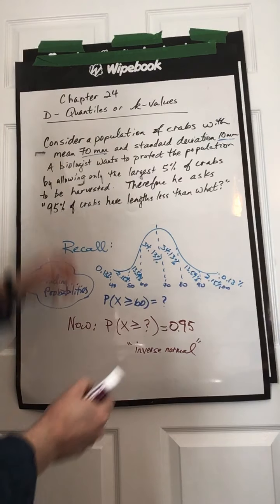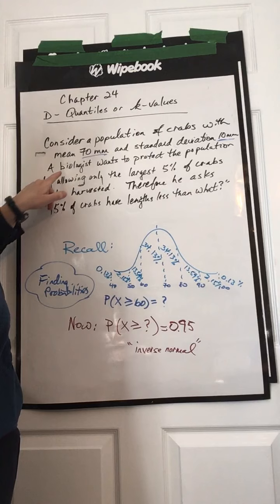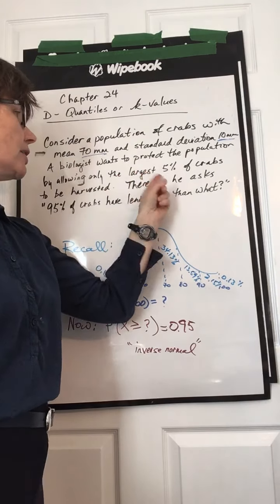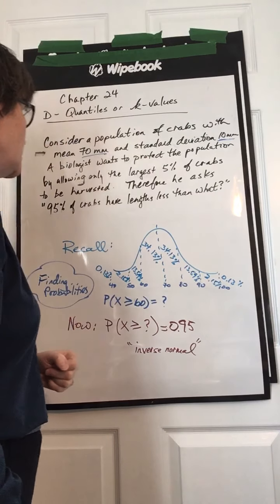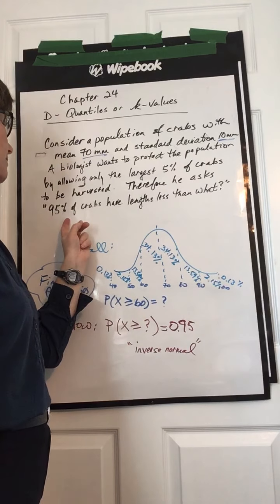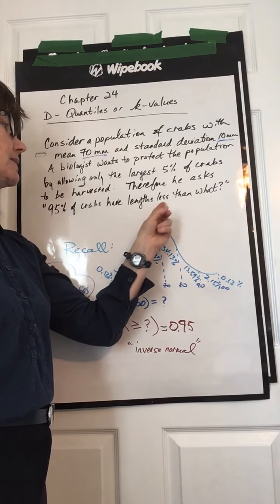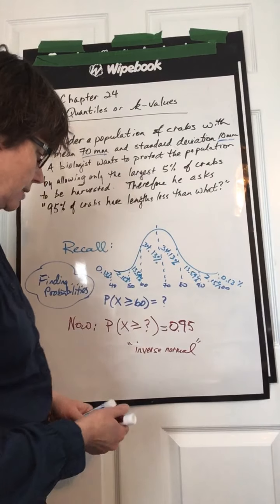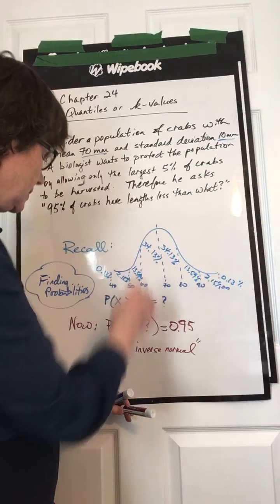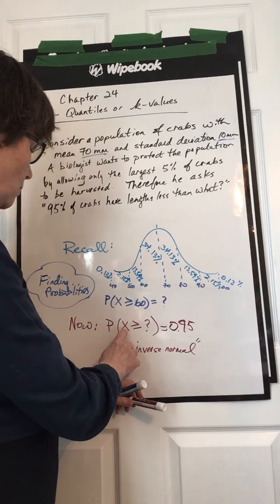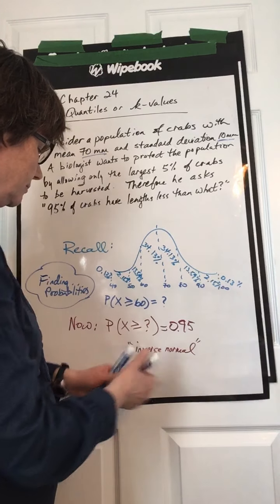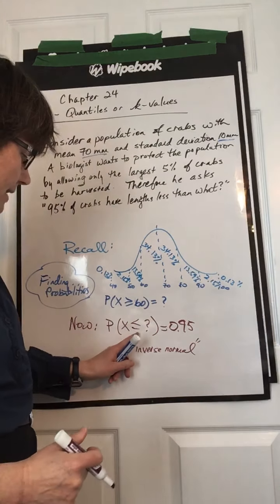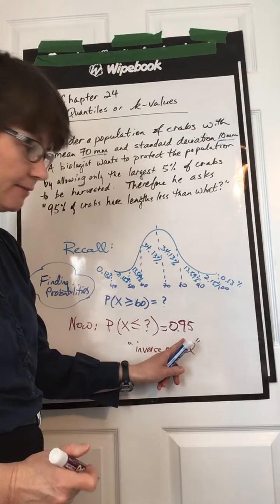For example, the rest of this question says a biologist wants to protect the population by allowing only the largest 5% of crabs to be harvested. Therefore, he asks this question: 95% of the crabs have lengths less than what? Opposite of the way I wrote it down here, we're looking at a specific example now. What value of x are all the values less than that gives us 95%?